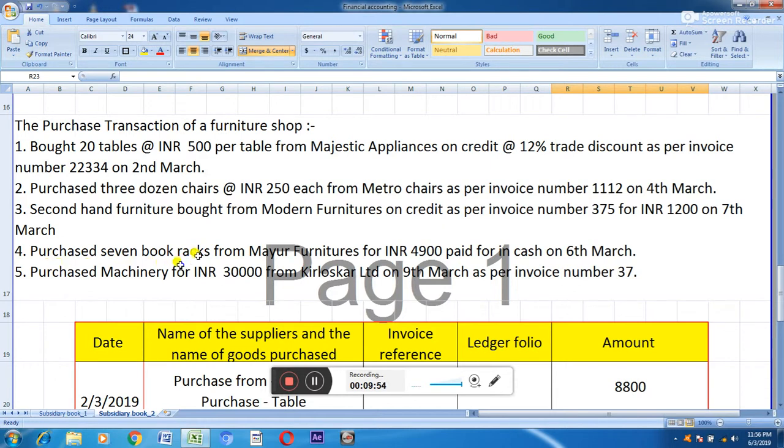Now 4th transaction. Purchased 7 book racks from Mayur Enterprises for rupees 4,900 paid for in cash on 6th March. Here we are purchasing book racks. It is a furniture shop, so it is a resellable good. But this transaction is on using cash, so it will not fall under purchase day book.